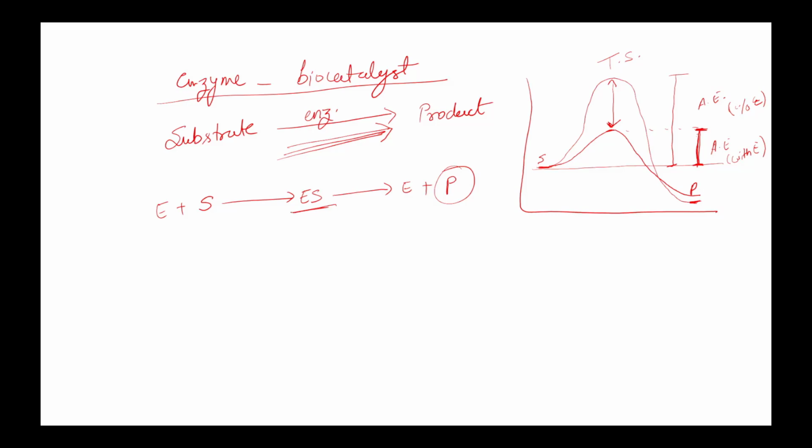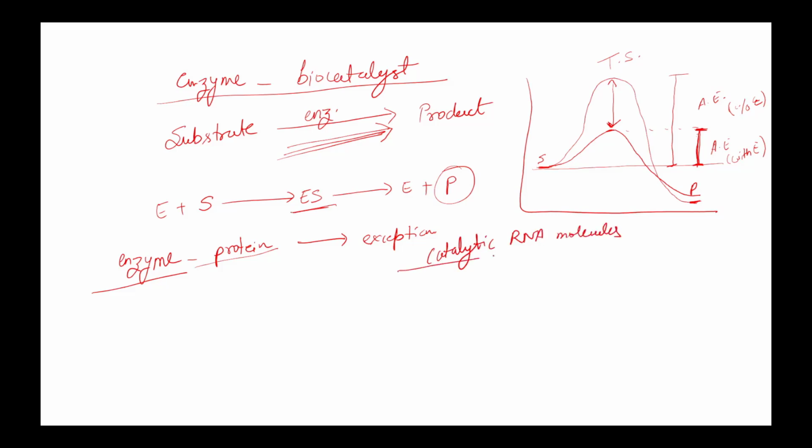Okay, so next we'll talk about enzyme structure and general classes. We all know that basically all enzymes are proteinaceous in nature, except we have an exception where catalytic RNA molecules are also there, which are called ribozymes, which also work as a catalyst or biocatalyst.